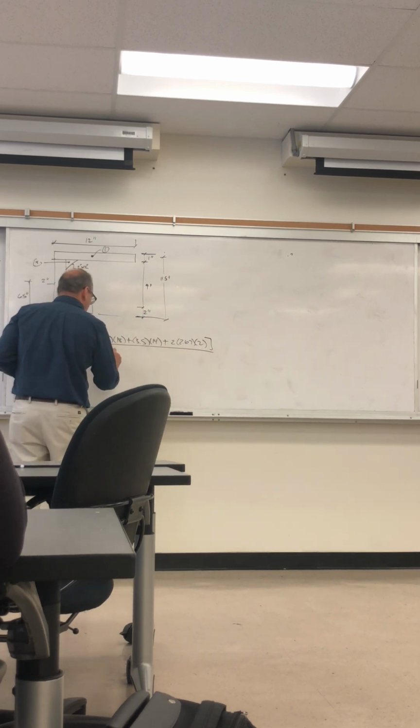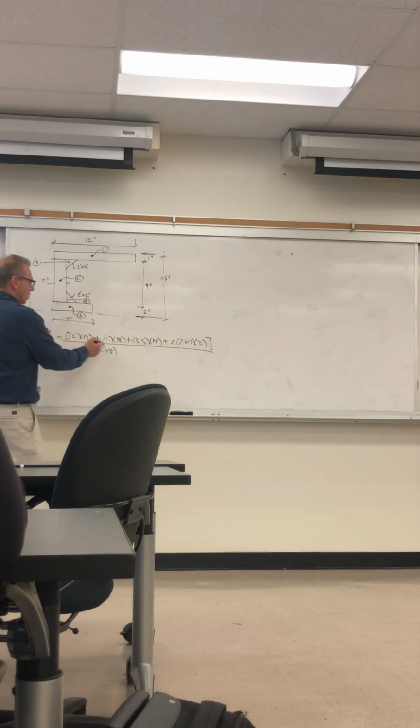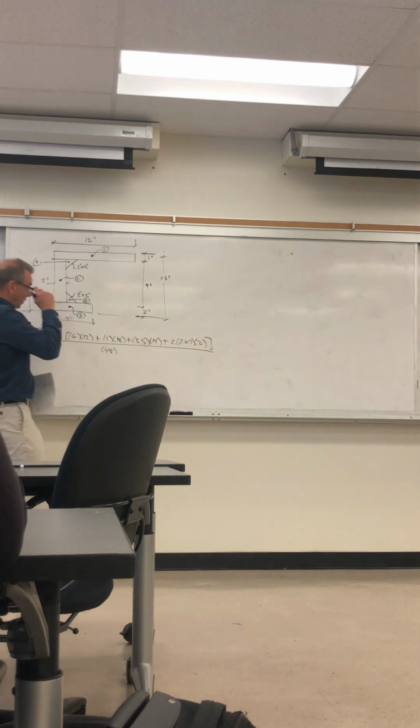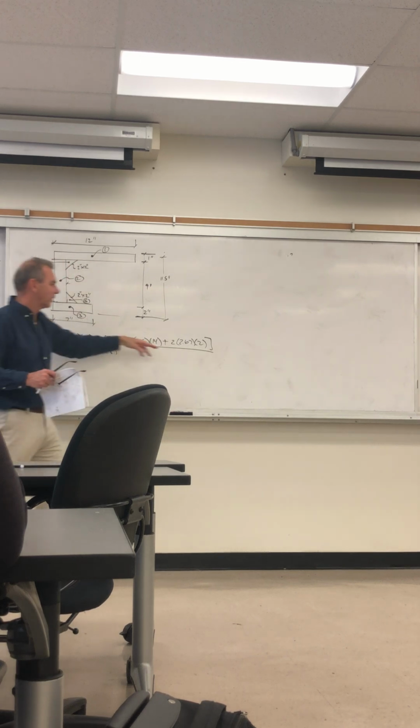Divided by 48. The area is just 12 plus 18 plus 14. And for the triangle on the far right, that's 2 times 2, which is 4, divided by 2, that's the 2.